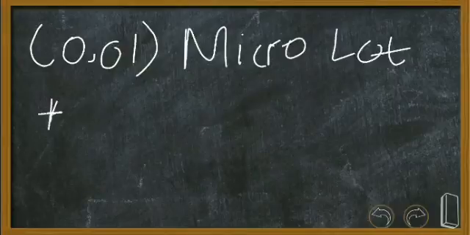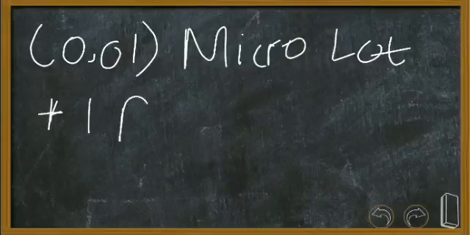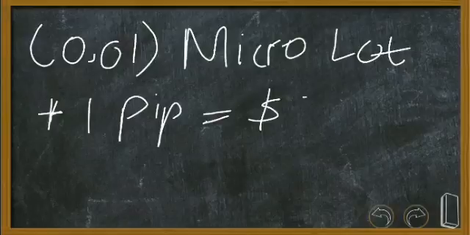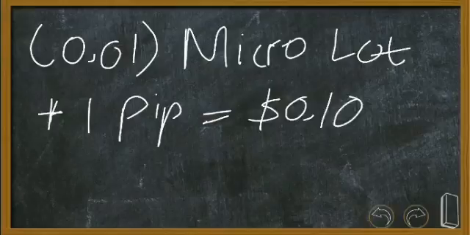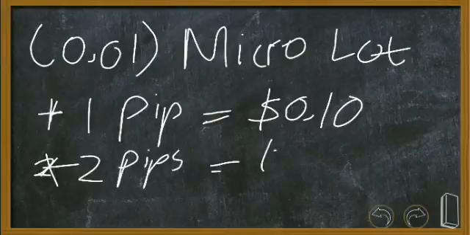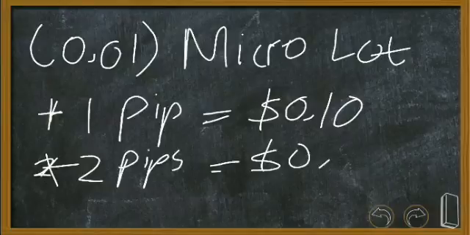So this means that for a single pip movement, 1 pip will be equivalent to 10 cents or $0.10. Sorry, 2 pips will be equivalent to, I don't know if I'm using the correct form of currency, or should I just write cents?